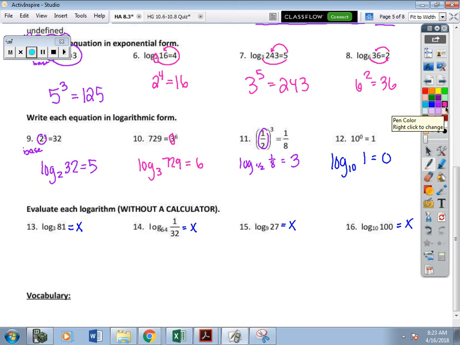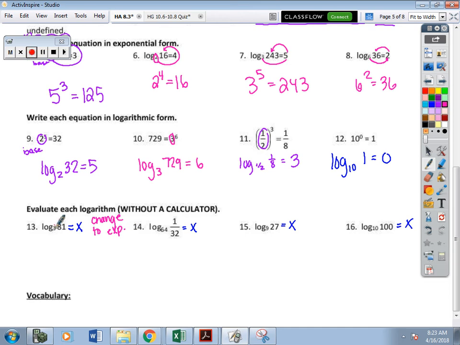So, you don't know what log base 3 of 81 is, but we can change it to exponential form and then think about that number to what power would get me the other answer. So we're going to change to exponential, and then you're just going to think, what number would I plug in for x and get that answer.